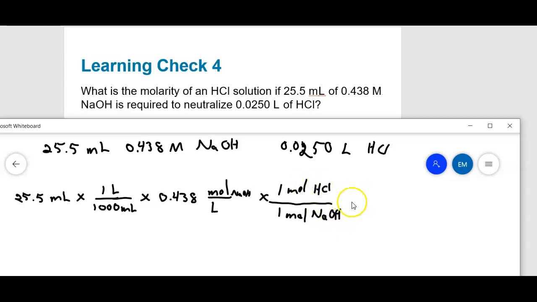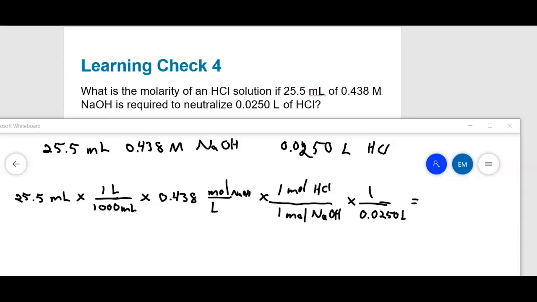So now you've got moles of hydrochloric acid, and that's moles of hydrochloric acid in 0.0250 liters. And that should give you your molarity of HCl. So what do we have? Okay, so we have 25.5 milliliters times 1/1,000 liters per milliliter.